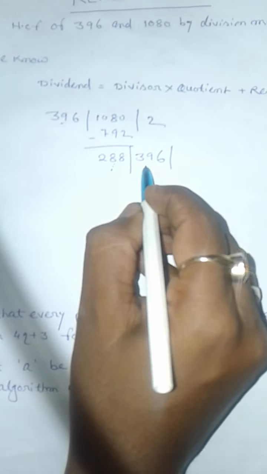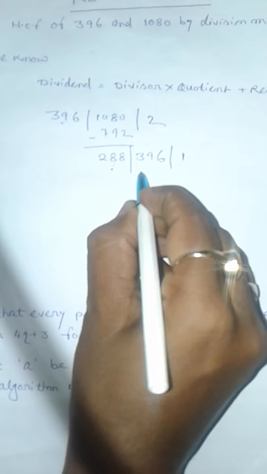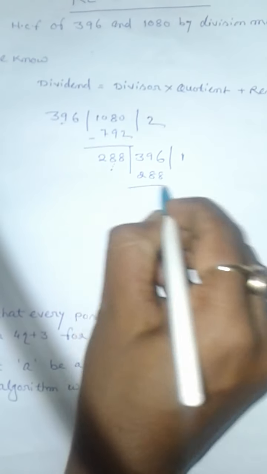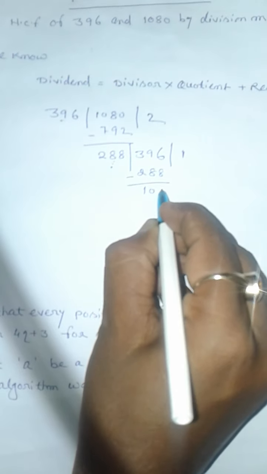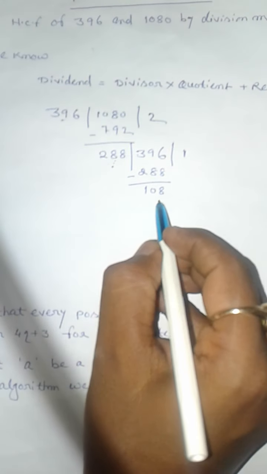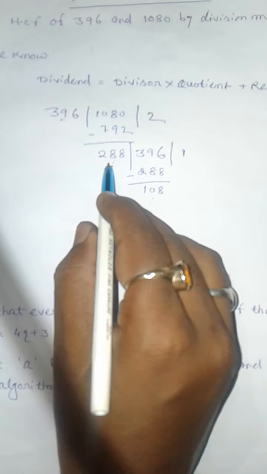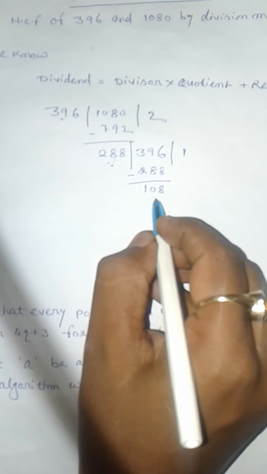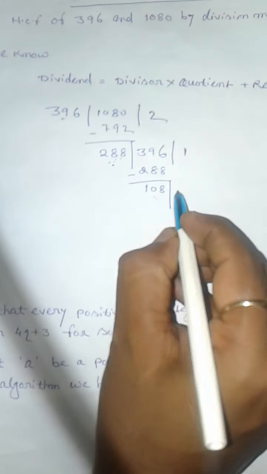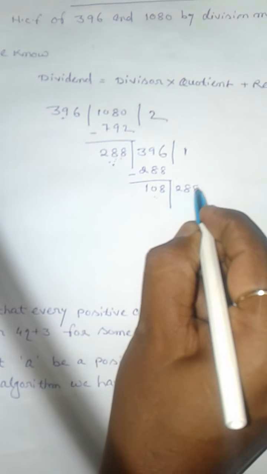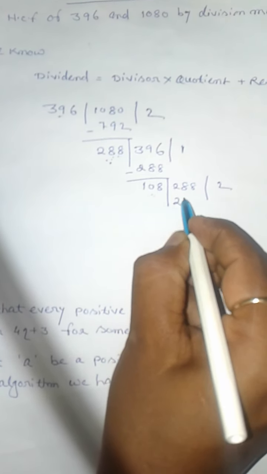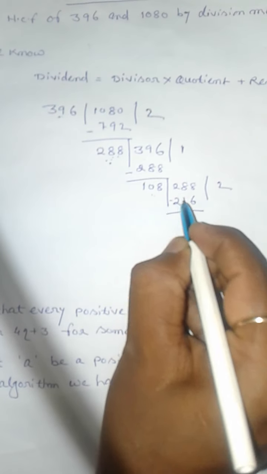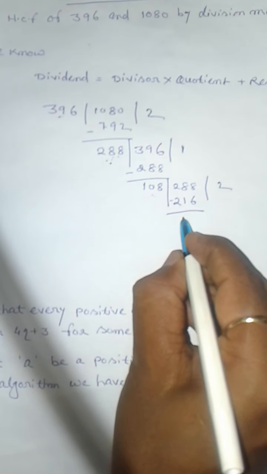So 288 into 396, it will go one time. If we subtract 288, we will get 108. Again you can see that 108 is less than 288. So by 108 we will divide 288. It will go 2 times. We will get 216. If we subtract 216, we will get 72.